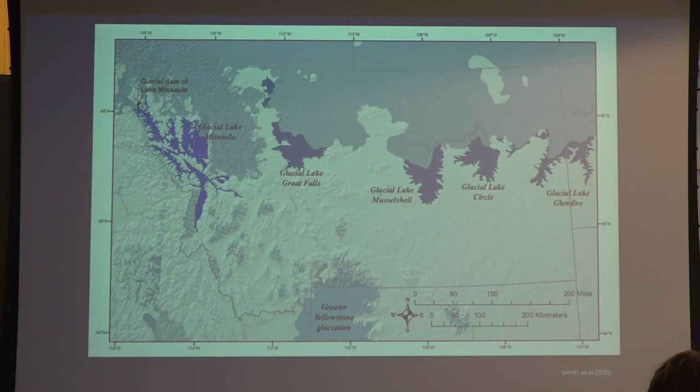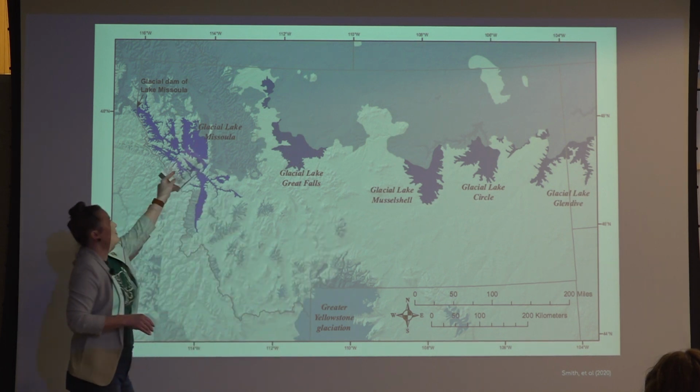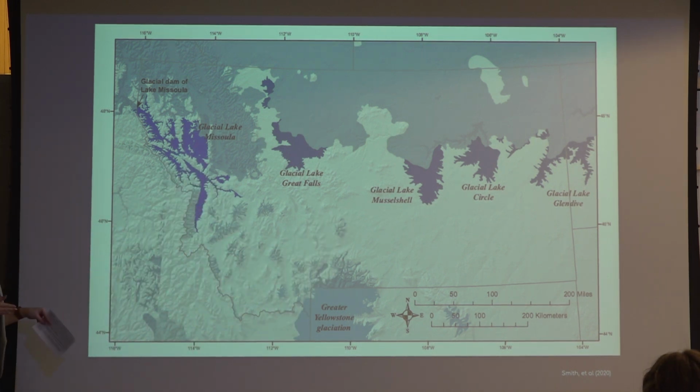And if we zoom in a little bit more and look just at Montana, Montana had a lot going on during this time period. This is probably during the last glacial maximum, about 20,000 to 12,000 years ago. And you can see Montana is just covered in glacial lakes. The most famous one, at least over here on our side of the state, is Glacial Lake Missoula, by far.